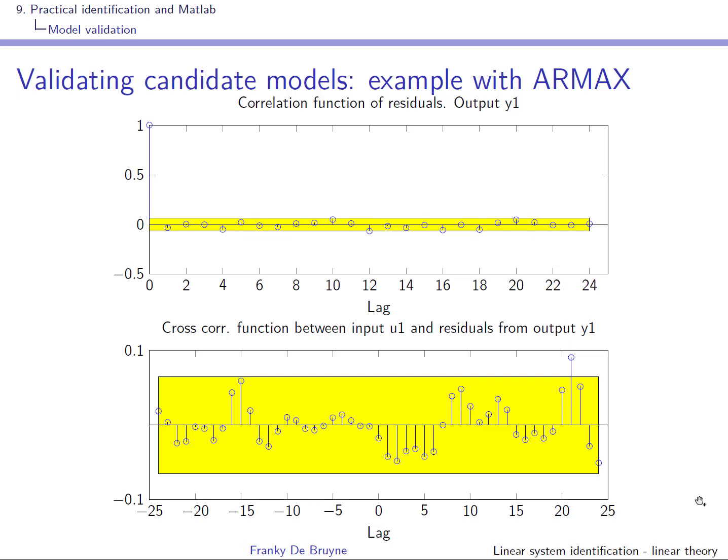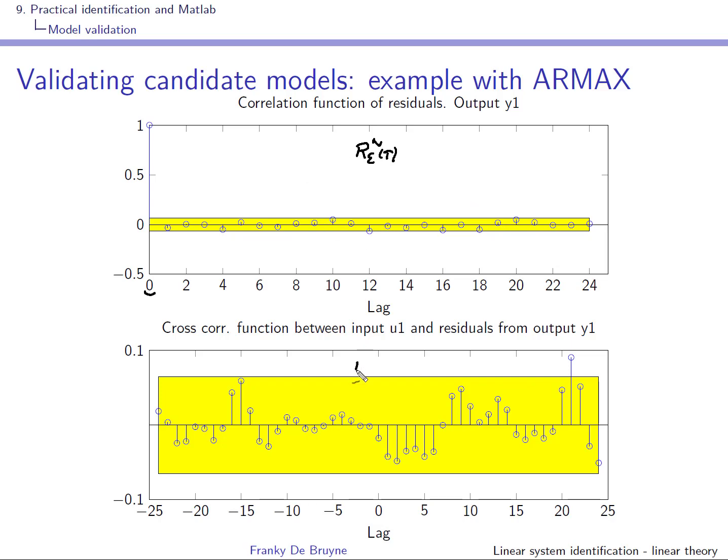And you see that this is indeed the case. This is the autocorrelation function, and it's validating the noise model. It is inside this confidence interval. Remember, of course, that here you expect this spike at tau is equal to 0, right? But apart from that, all lags are inside the confidence interval, so you can validate here the noise model.